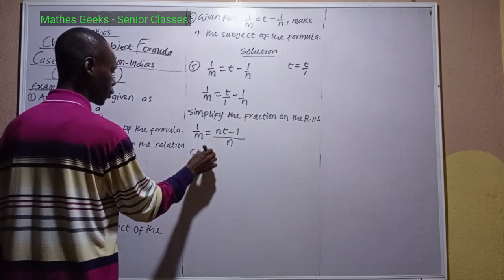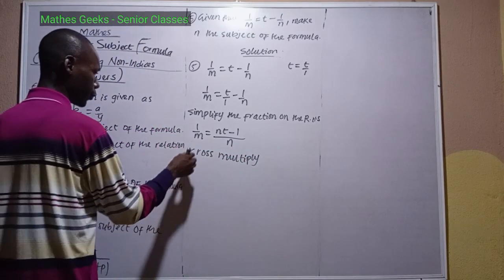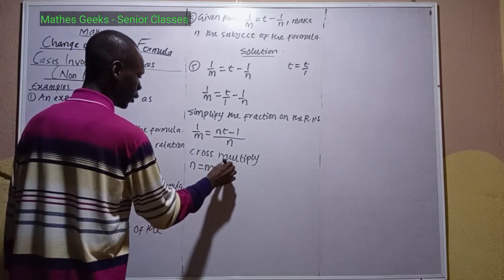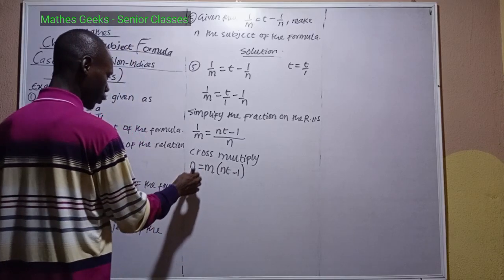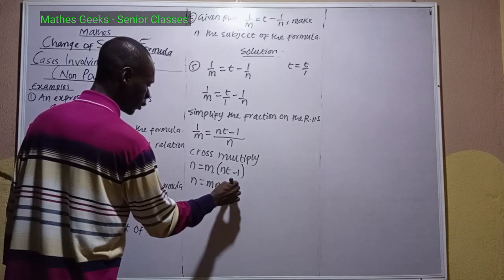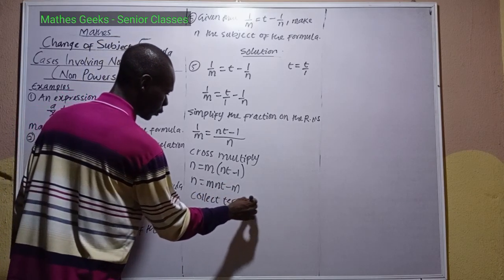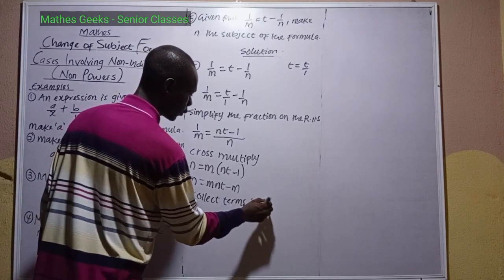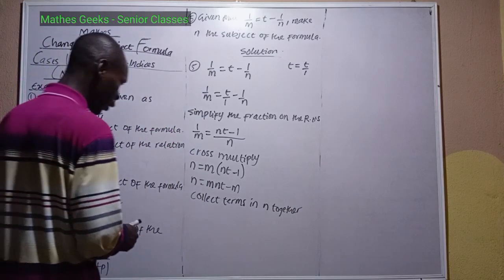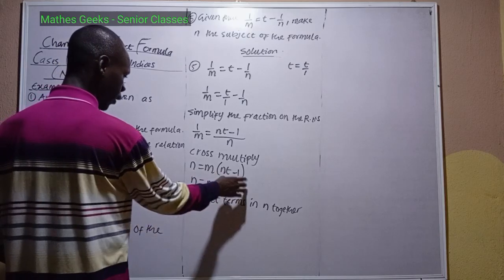So next I'm going to cross multiply. So n times 1 is n, and n times (t minus 1). So open brackets, n is nt minus n. Collect terms in n together. So this minus n will have to come here, so that it's positive, and n will have to come here.